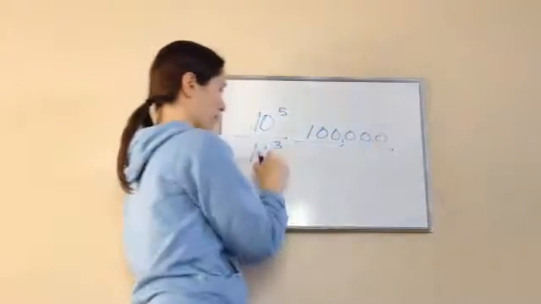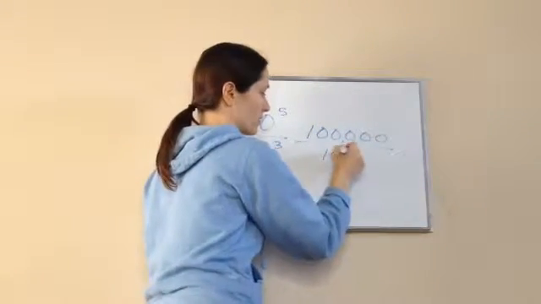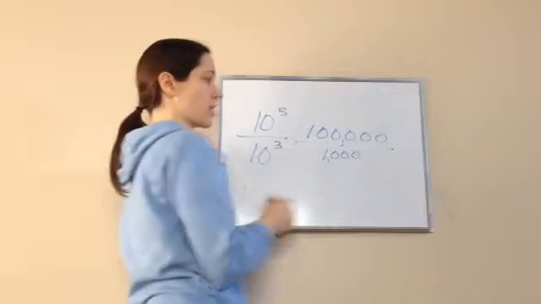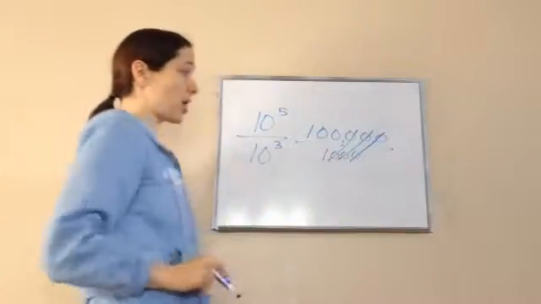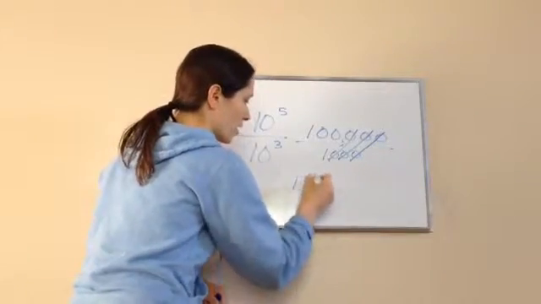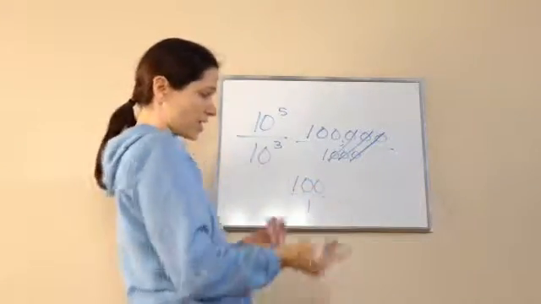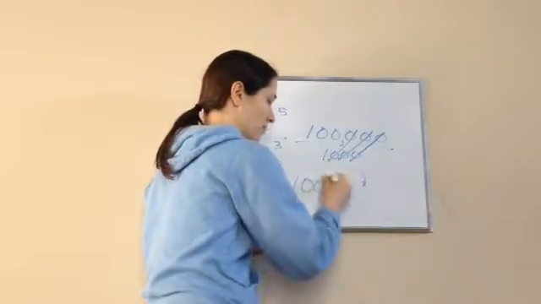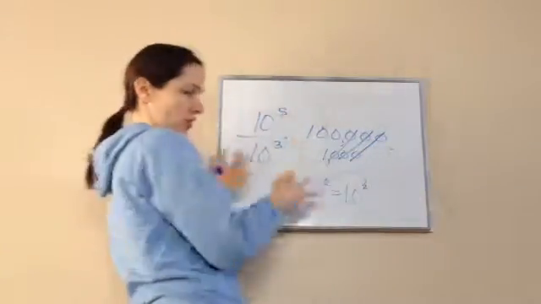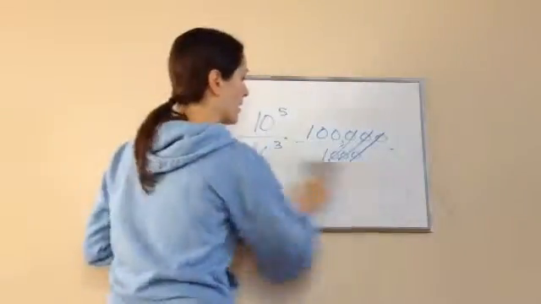Over 10 to the 3rd power, 1, 2, 3, 1,000. So we're going to cross out like we were. And you'd get 100 over 1. And 100 over 1 is really 100, 10 to the 2nd power. And it would be 10 to the 2nd power because we have 2 zeros, right? So are you understanding the fullness of it? All right, well, let's keep going.